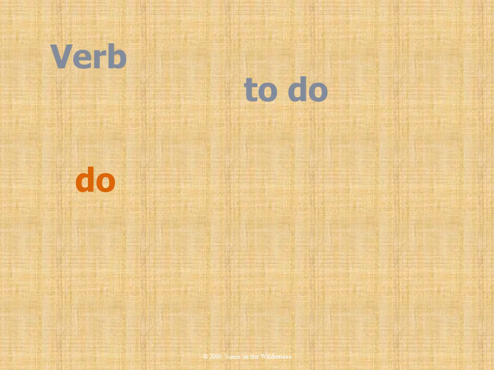Other languages don't have this kind of symbol. That's a whole other lecture. I recommend reading Our Bastard Tongue. I can't remember the author right off the top of my head, but it has a great discourse on the word do in our language.